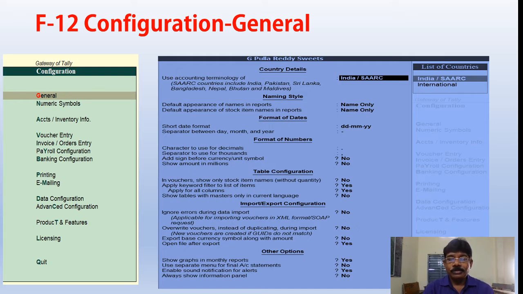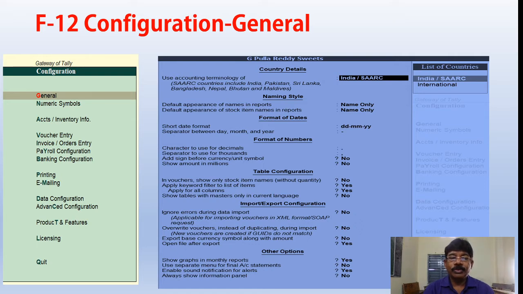Numeric symbols, all the symbols will be displayed. Accounts and inventory info, voucher entry, invoice order, payroll configuration. We were not discussing payroll configuration, if it is needed, banking configuration, printing, emailing, data configuration, advanced configuration, product features, licensing features like that.